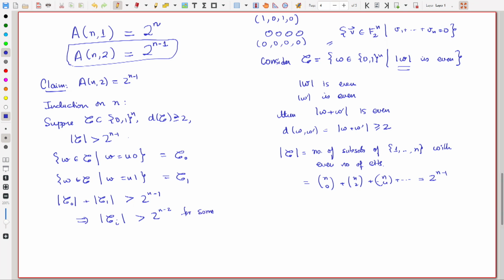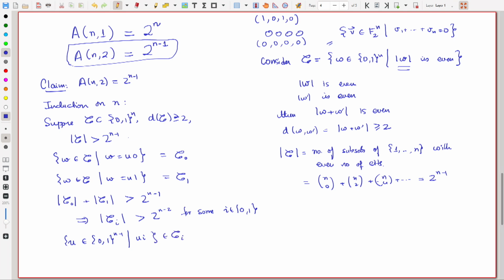For either i equals 0 or 1. But then that means that if I just take u in {0,1}^(n-1), such that u_i belongs to C_i.